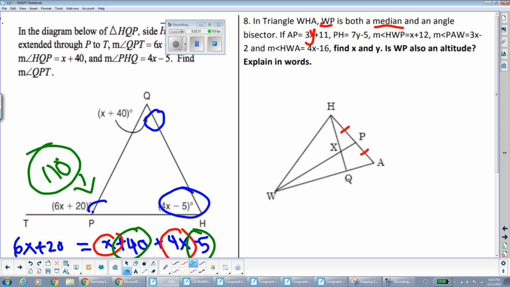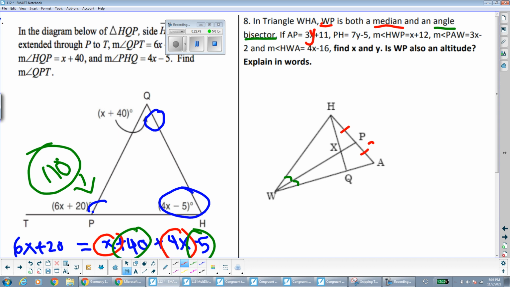I also know that WP is an angle bisector. So that means it's bisecting angle W, which means splitting it into 2 equal parts. That's all going to be important information. Now I'm going to label the measurements of the triangle on my actual triangle here.